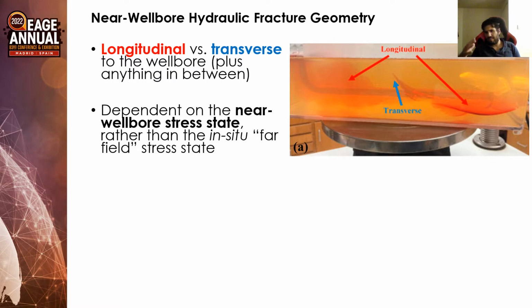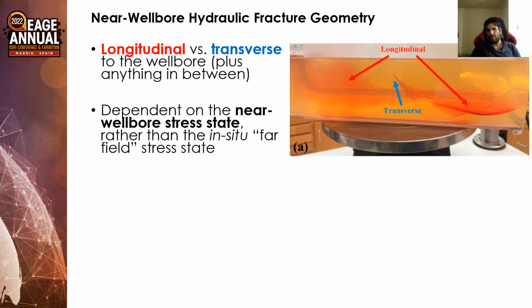The orientation at which those fractures initiate depends on the stress state at the near wellbore vicinity, right by the wellbore, rather than the far field in situ stresses. That implies that the old adage that if you drill your horizontal wellbore parallel to the least compressive stress, say SH min for a horizontal well, does not imply that you will automatically get transverse fractures.